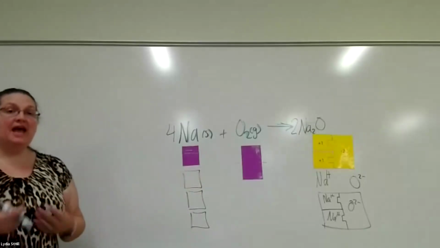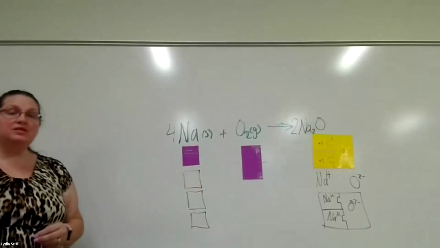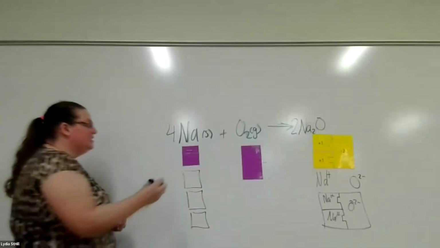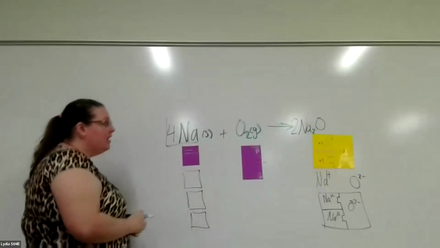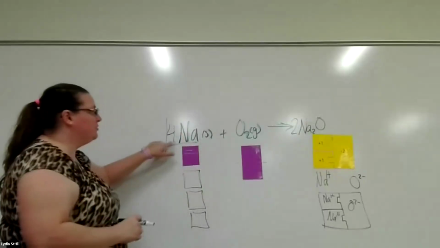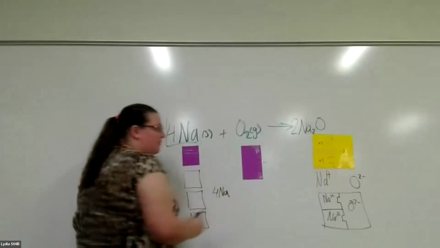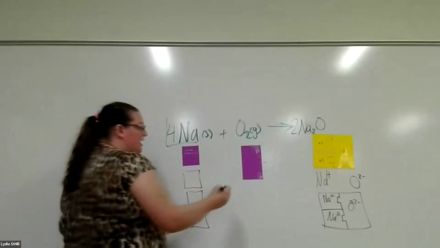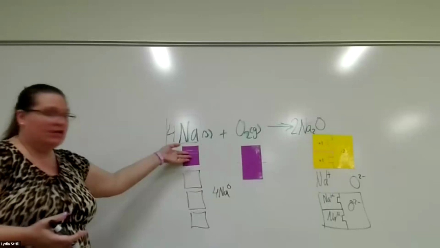When we start looking at a half reaction, we're going to look at one substance, and then look and see what happens with the other substance. So the first thing we're going to look at is this Na that we have here. I have 4 Na, and they have a charge of 0. Why? Because they're not bonded. They don't have any interactions.